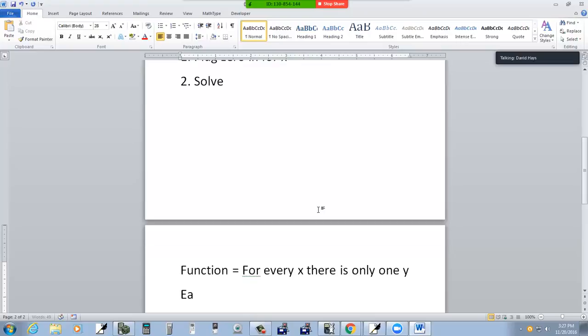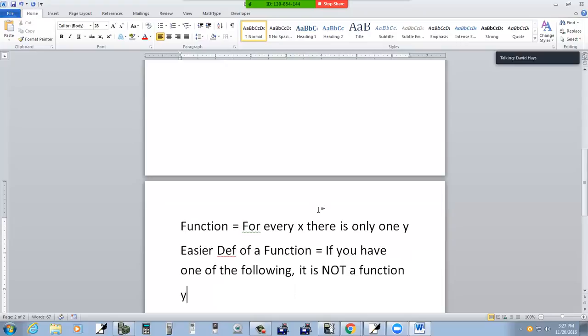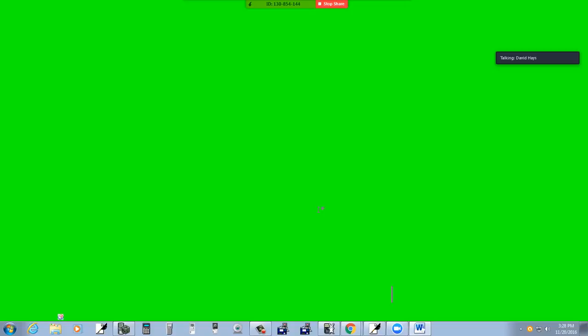An easier definition of function says if you have one of the following, it is not a function. If you have y to an even power, if you have the absolute value of y, if you got the plus or minus symbol, or you got x is equal to a number, like x is equal to 3, for example.